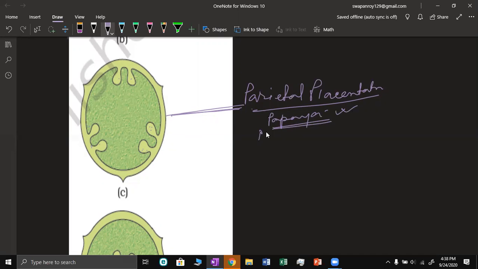In the case of mustard and argemone, it is parietal placentation.